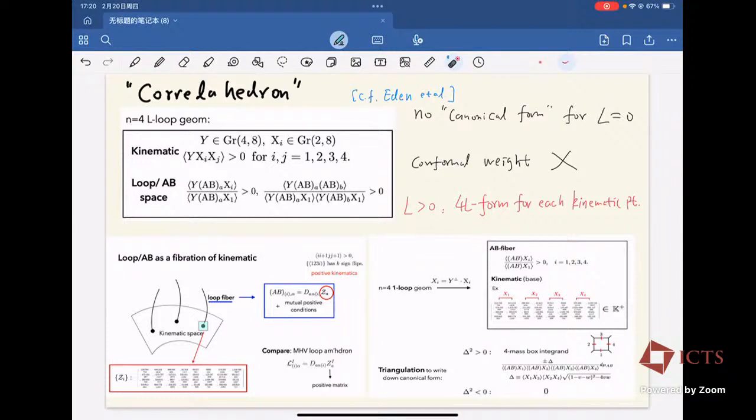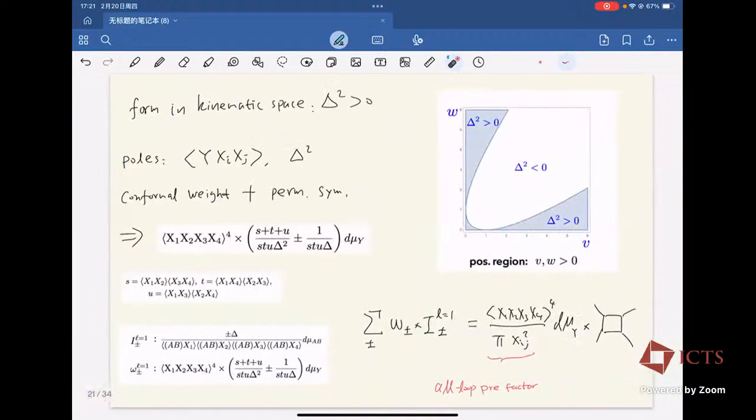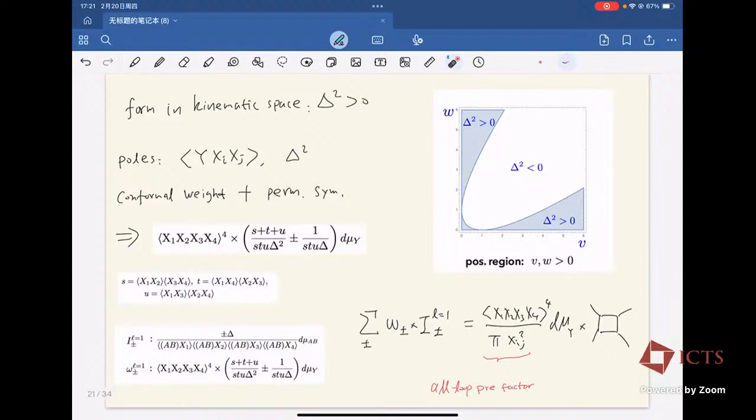So there's this way of viewing all the loop geometry as a fibration of the tree kinematics. For every point in the tree kinematic region, you compute the loop form. But when you vary from one point to another, the loop form can vary. So this gives you the idea of chambers. I don't want to go into details because Paul already talked about it.